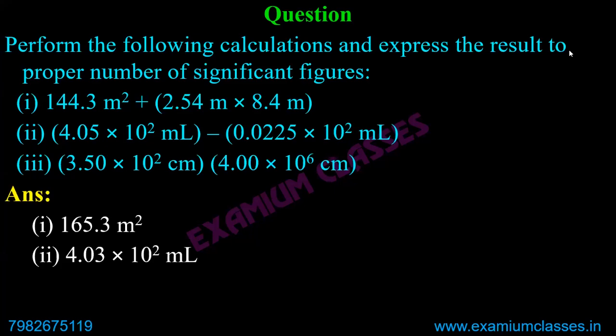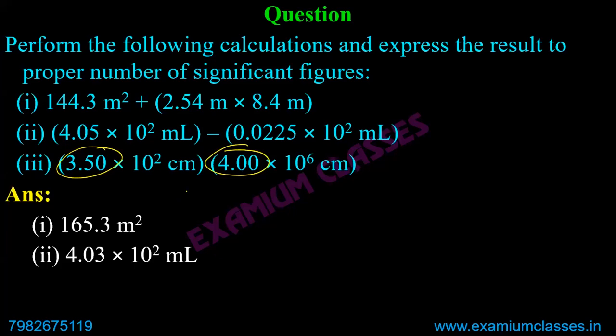Tanu, no, first of all, it has four significant figures and 10 to the power 18 will not be there. No, now look here. When we multiply the coefficient parts together, when you multiply 3.5 into 4, 35 into 4 is 140.